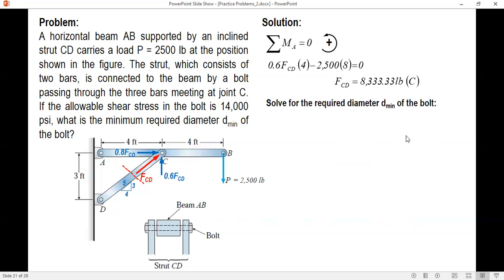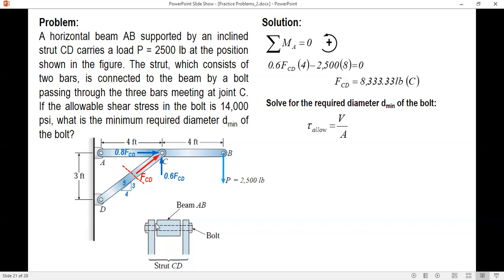Now, we are now ready to solve for the required minimum diameter of the bolt. This is the formula. This one is given. The force is already solved, FCD. And the area is multiplied by 2, since it is in double shear. So, this portion will be the failure one, the failure planes.